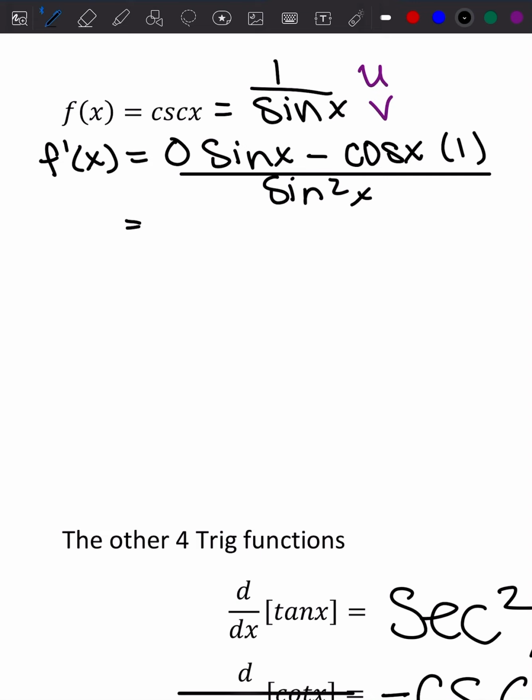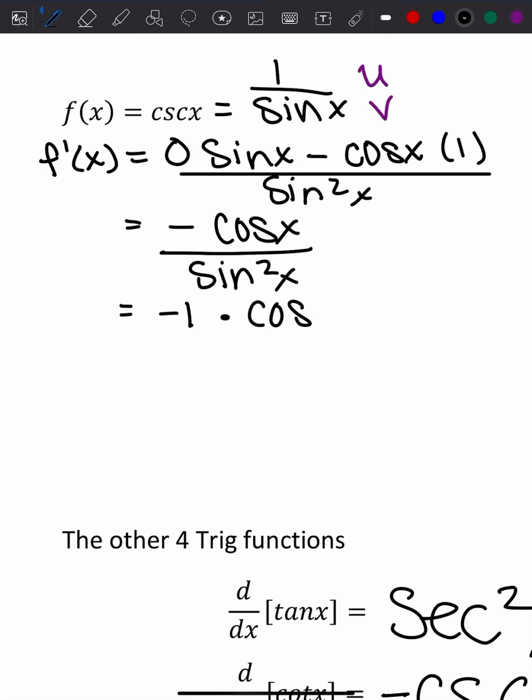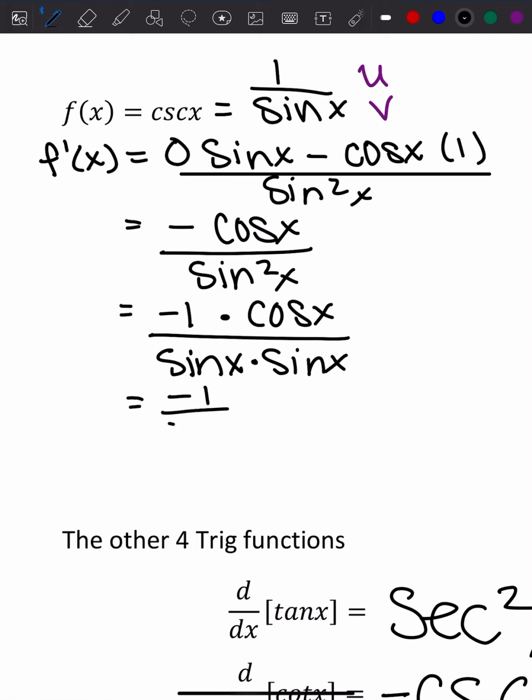0 times sine goes away. 1 times cosine is cosine, so we have minus cosine of x, or negative cosine, divided by sine squared. So just like before, we're going to split this up. So I have negative 1 times cosine of x divided by sine of x times another sine of x. I'm going to split this up into two fractions. So I have negative 1 over sine of x times cosine x over sine of x.